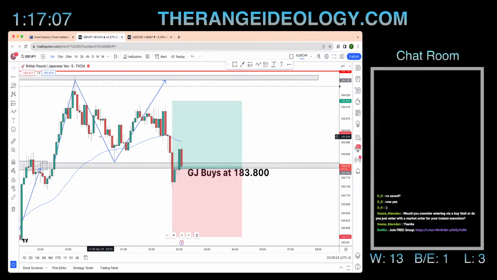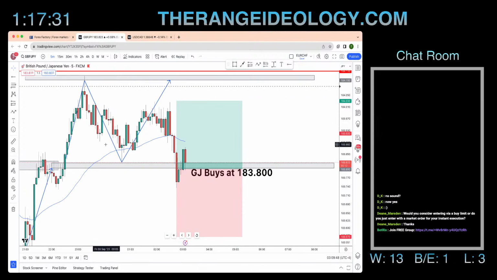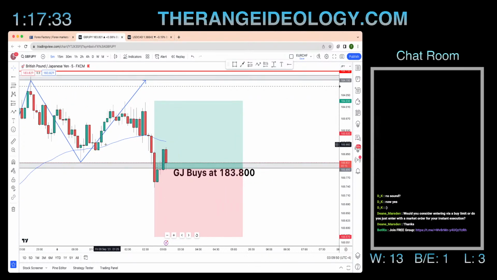Let's see how the 5-minute candle closes here. Could we get a continuation up? It is significant, considering the time frame, it is significant support here. But it's also a significant opening.